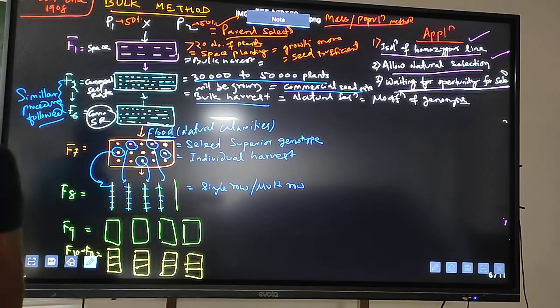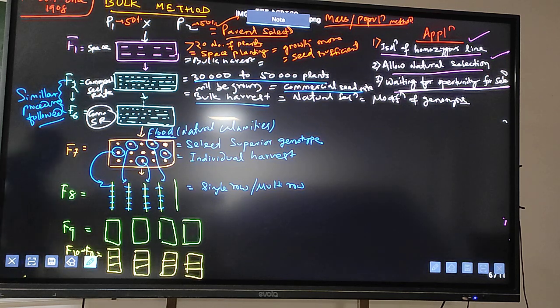In this case, 100 to 300 individual plants will be harvested.